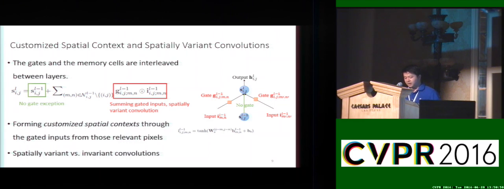The conventional convolutional neural network adopts spatially invariant kernels, but here we define spatially variant kernels. These kernels are customized to each location. Then we use this scheme to form the customized spatial context for each memory cell.